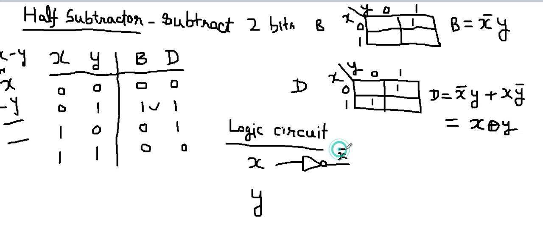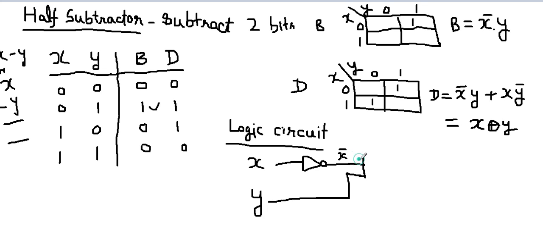X complement, and then y is simply here, right? So just use this y, and they are fed into this AND gate, because you know x complement y is like the dot product between these two, right?